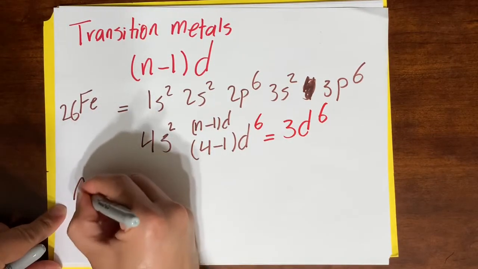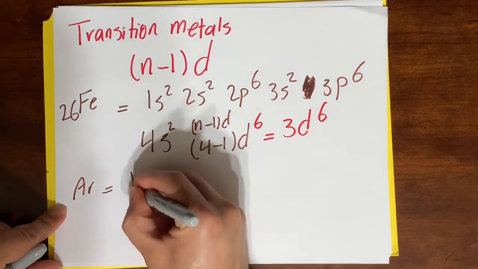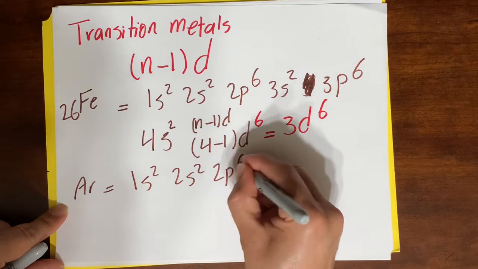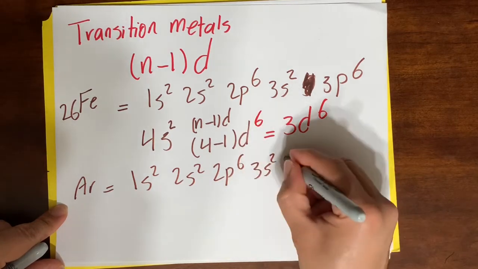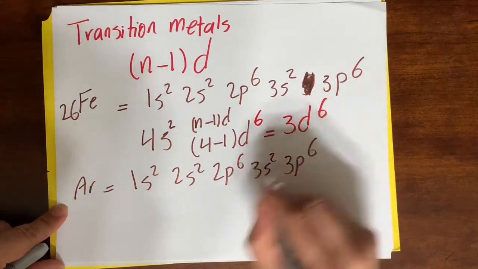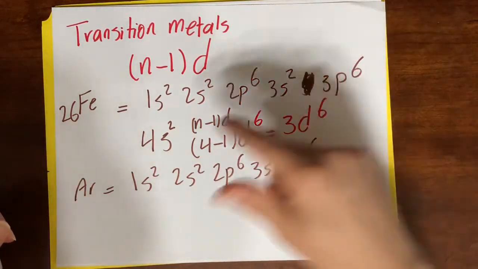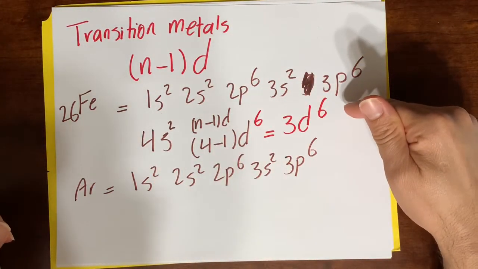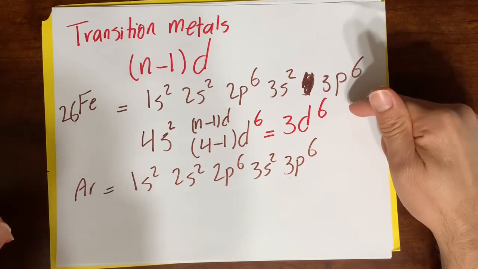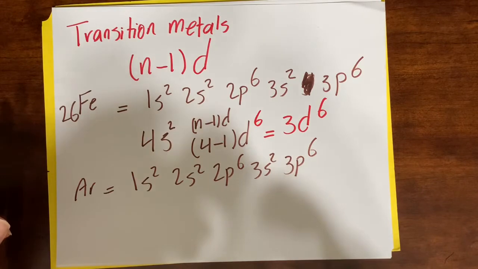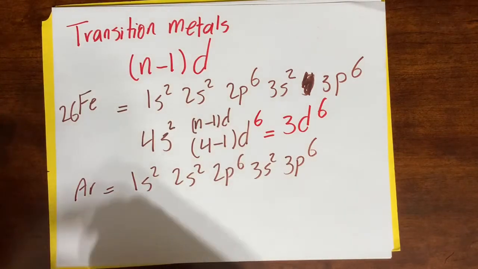Argon is equal to 1s2, 2s2, 2p6, 3s2, 3p6. How can I write the electron configuration of iron in a short version? I look at the periodic table and find the noble gas before iron.